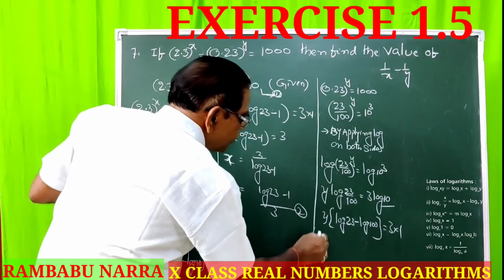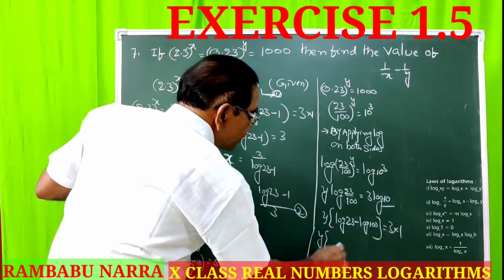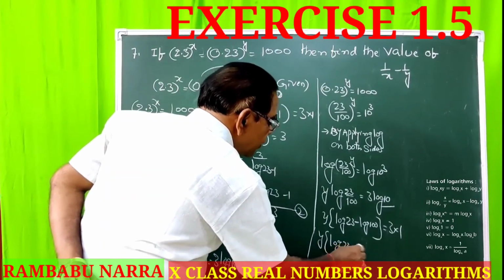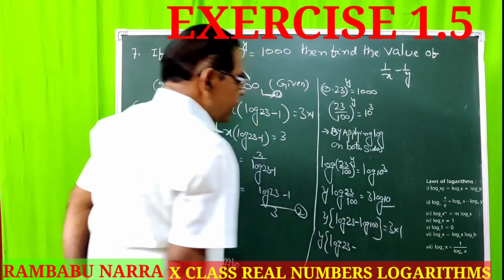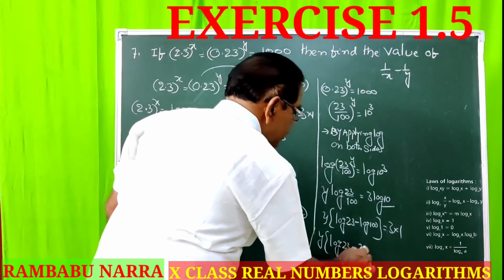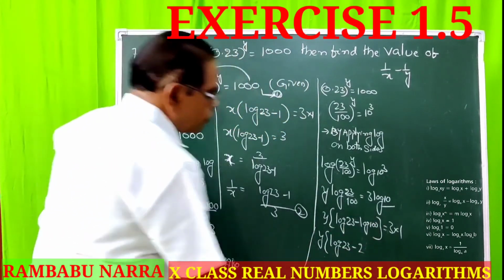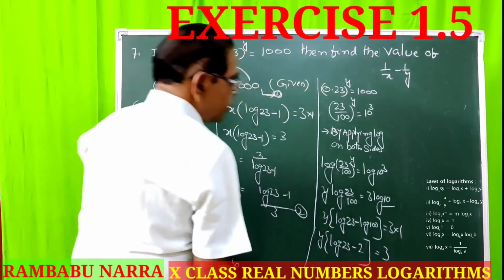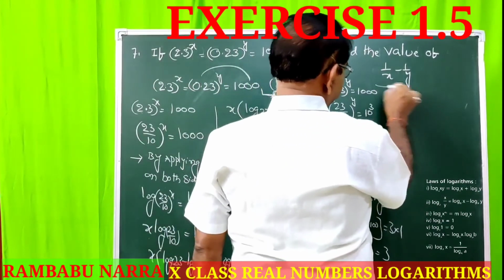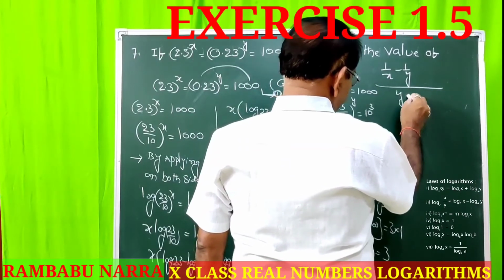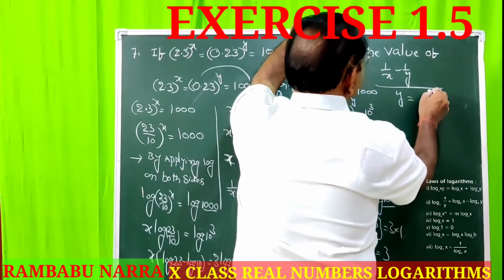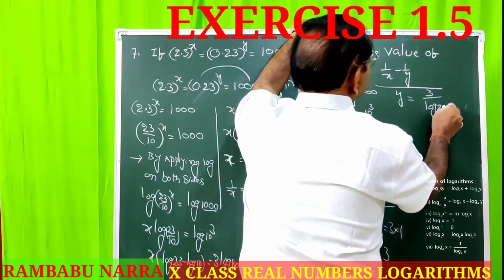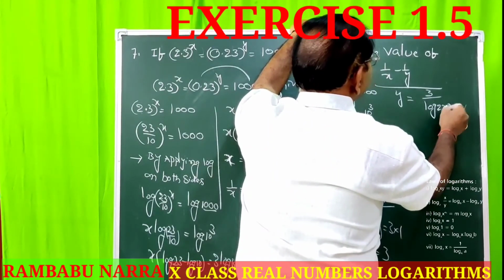Now y into (log 23 minus log 10 square), that is 2 into log 10 base 10, equals 2 times 1, equal to 3. Now y equals 3 by (log 23 minus 2).